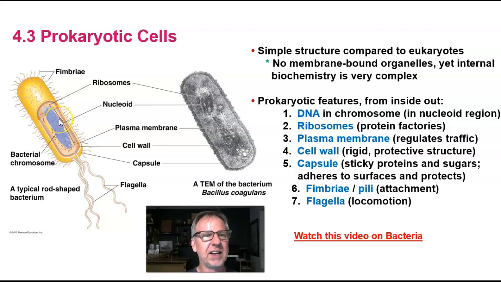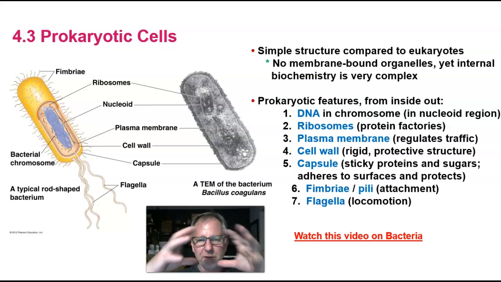So the DNA is found in chromosomes, and that chromosome is making up what's called the nucleoid region, just the part of the cell where it's located, that's all. Then number 2, that DNA, that chromosome is surrounded by cytoplasm, and in that cytoplasm are ribosomes.